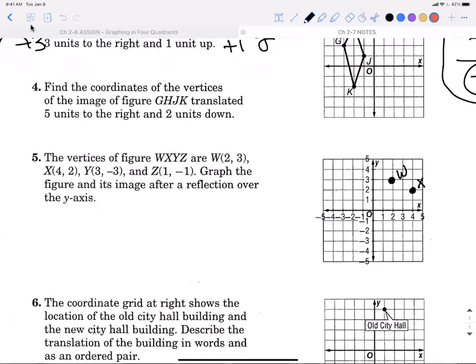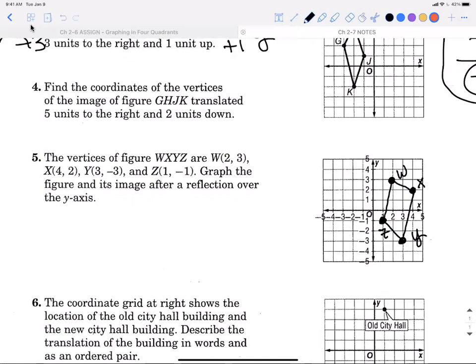And that is your Y. And then last you have a Z at 1, -1. And that's your Z. Okay, and then go ahead, connect your points here. There's your image. We've graphed our original image.